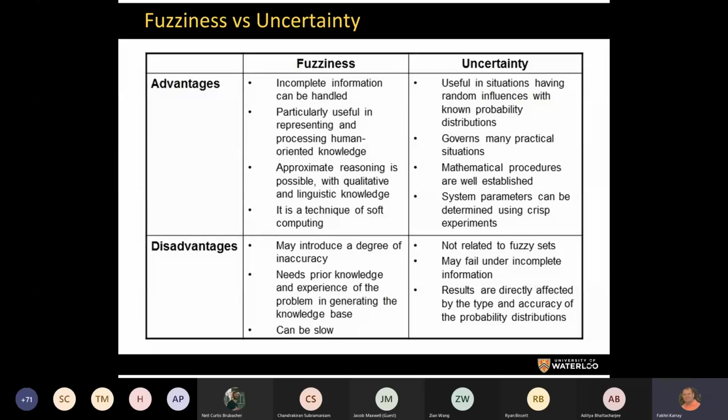Although we are not going to use Bayesian inferencing in this course, I might speak a little about it later when we compare fuzziness versus probability systems. Fuzzy systems are particularly useful in representing and processing human-oriented knowledge. When we describe a particular thing as humans, we usually represent it with less than exact information. We know what we mean, but when we represent it, we don't say that this is true or false.